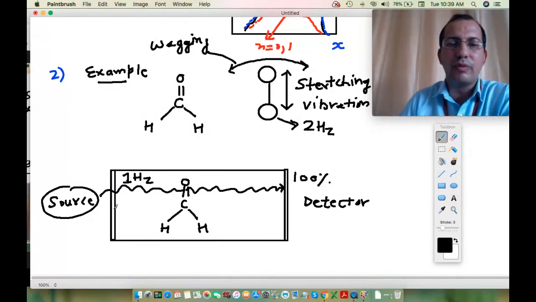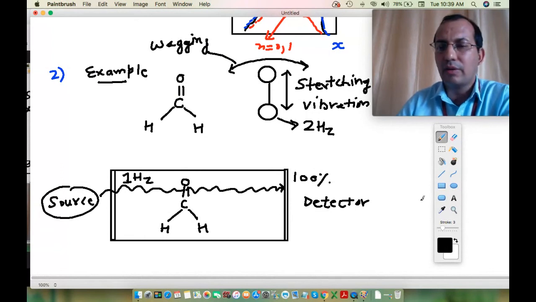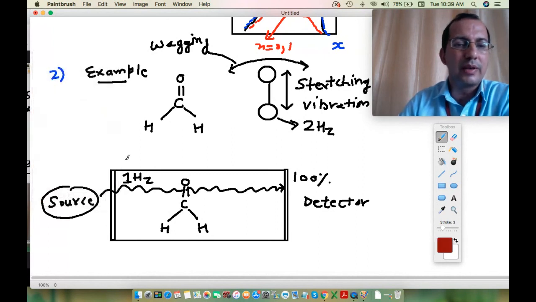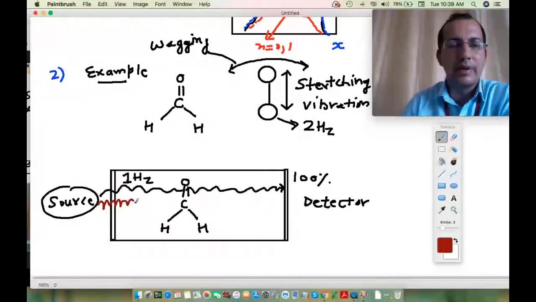But in the second case, let me represent it with the red one. You would have a second ray of light which is 2 hertz.